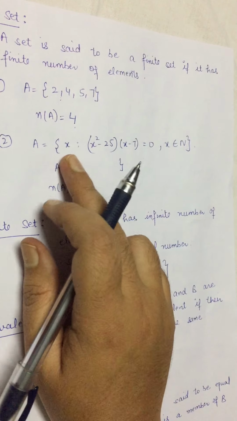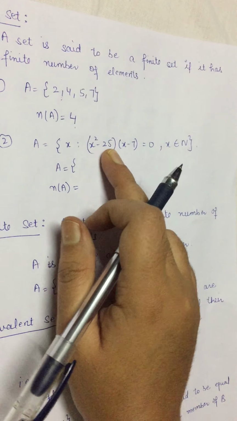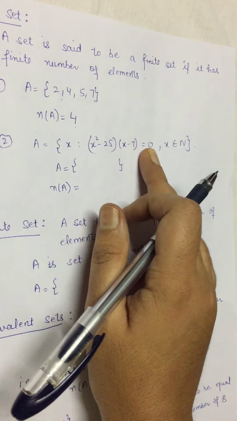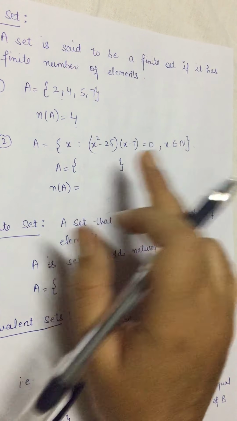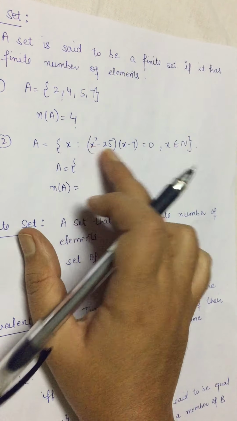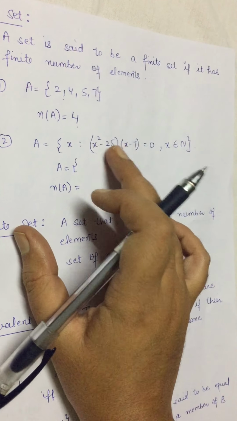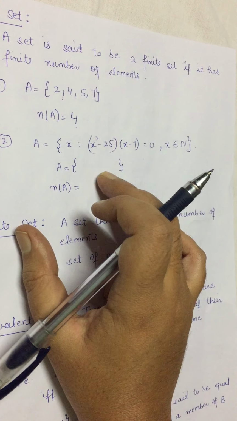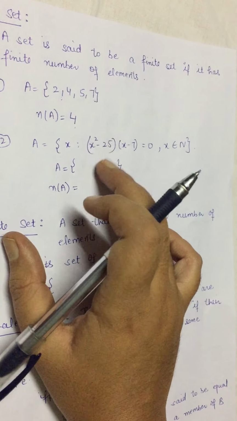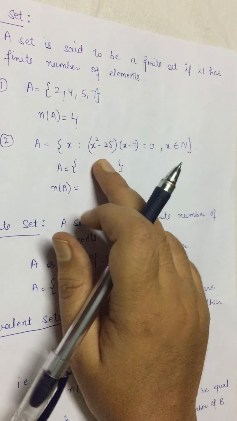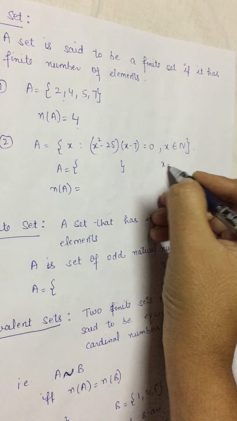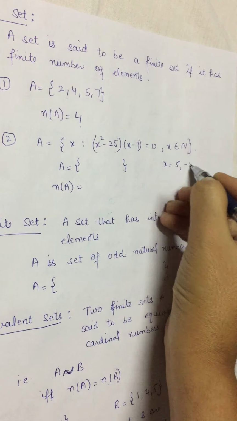In another example, {x such that (x^2 - 25)(x - 7) = 0, x belongs to natural numbers}. This is also in set builder form, so I have to write it in tabular form. I have to find the values of x. After solving, I get x equal to 5, -5 and 7.